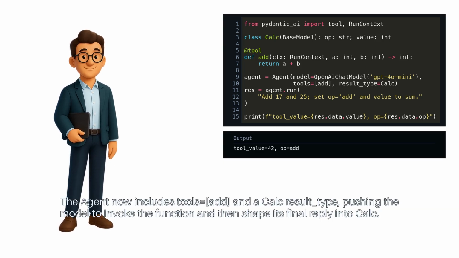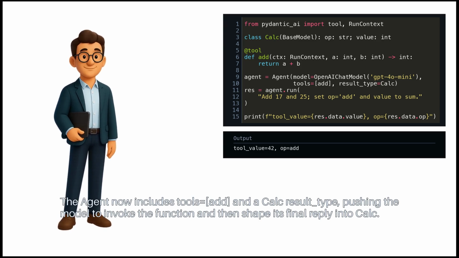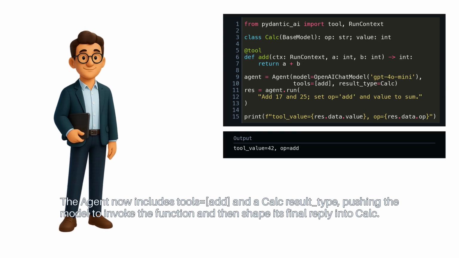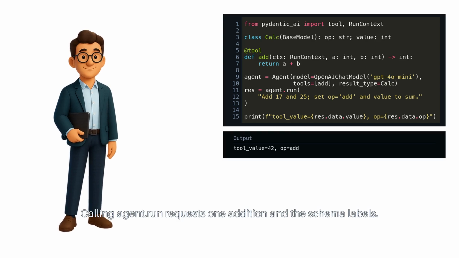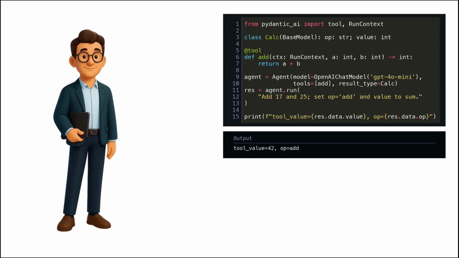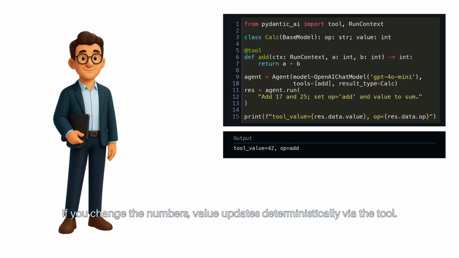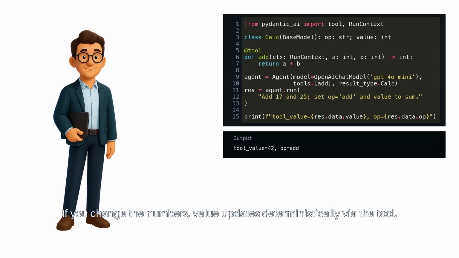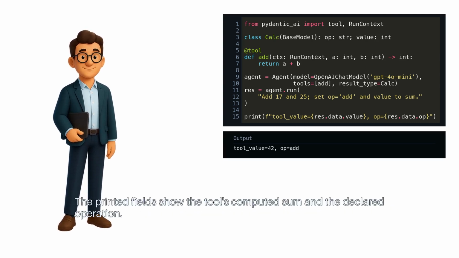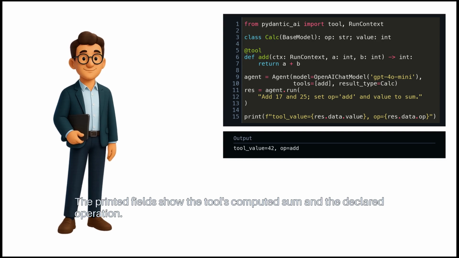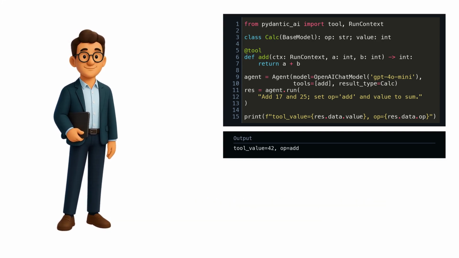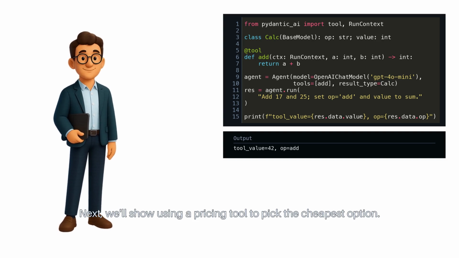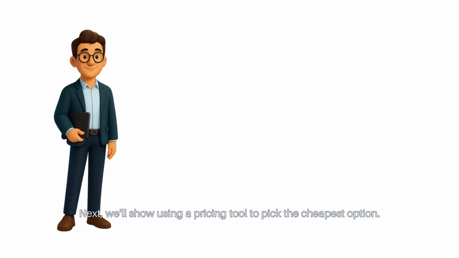The agent now includes tools equals add and a Calc result type, pushing the model to invoke the function and then shape its final reply into Calc. Calling agent.run requests one addition and a schema label. If you change the numbers, value updates deterministically via the tool. The printed fields show the tool's computed sum and the declared operation. Next, we'll show using a pricing tool to pick the cheapest option.